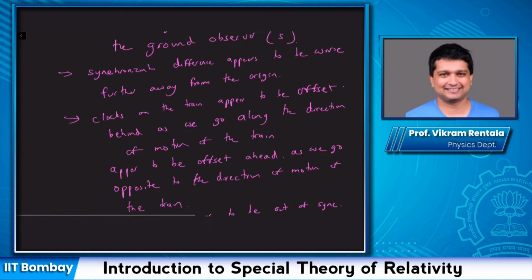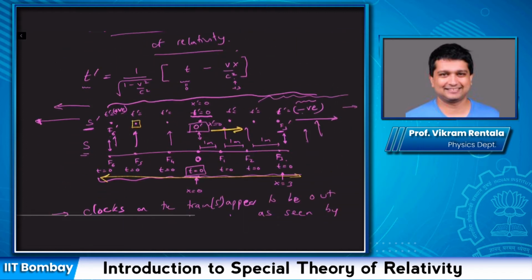This relationship must be true because no observer on the train is special, so all their clocks must appear to tick at exactly the same rate relative to clocks on the ground. The clocks on the train appear to have a phase offset relative to each other, and they all appear to tick in sync relative to each other, but they tick at a slower rate than the clocks on the ground.